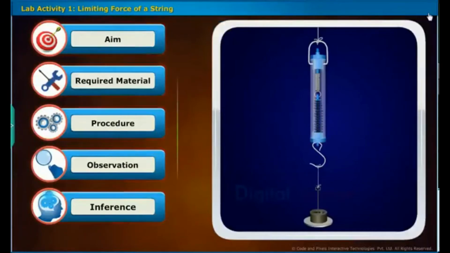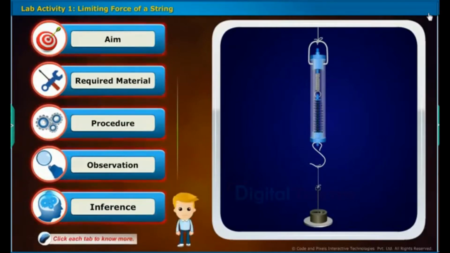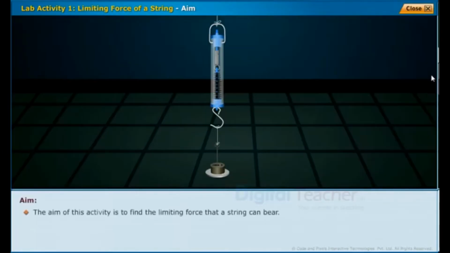Now, let us do a lab activity to find out the limiting force that can be borne by a string. Click each tab to know more. The aim of this activity is to find the limiting force that a string can bear.